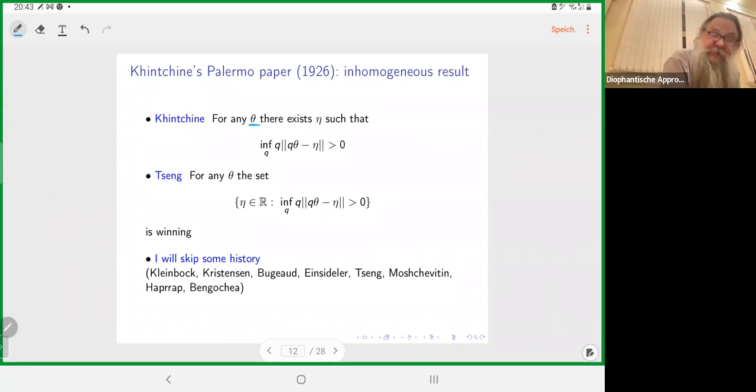This Khintchine result had a modern development. In particular, some time ago, Jimmy Tseng proved that the set of these inhomogeneities eta forms a winning set, and there was an extended story about multidimensional generalization. However, I will come back to it in a few minutes.